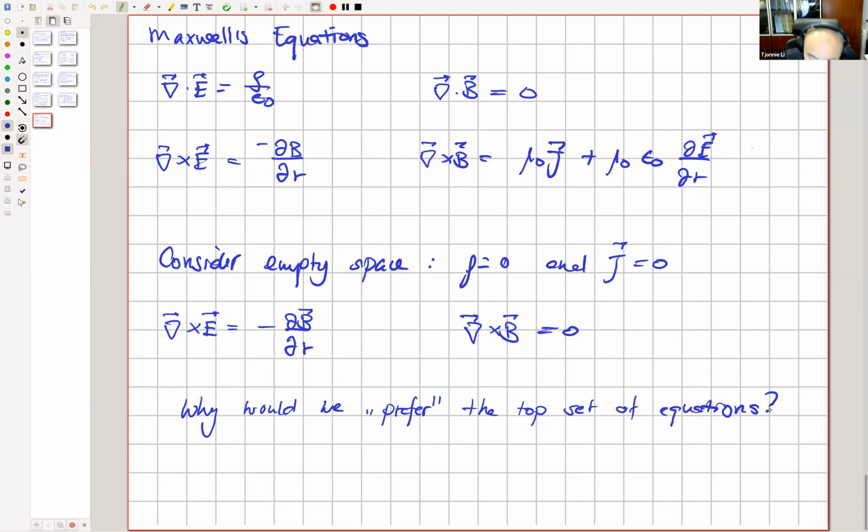So the final topic for today is the notion of the energy in the magnetic field.